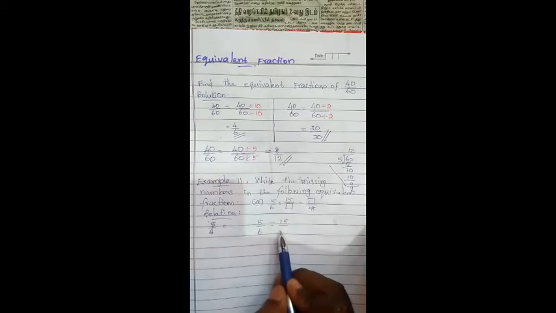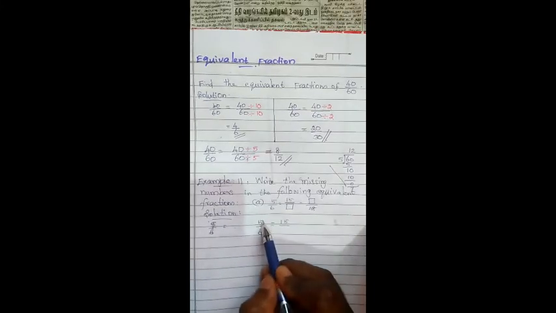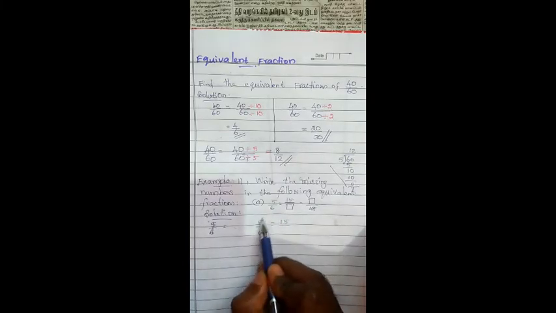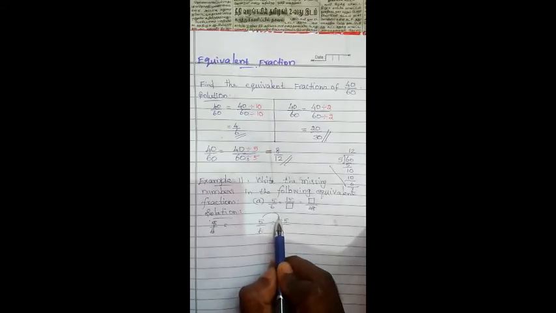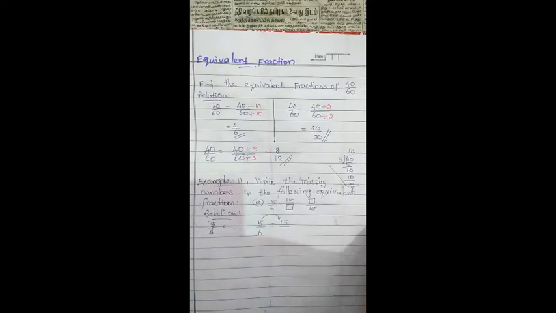So then, in the last class we learned, right, by multiplying we found the equivalent fractions, right? See, 15, how we got 15 in this numerator? How we got 15? Can you guess it? Yeah, very good.